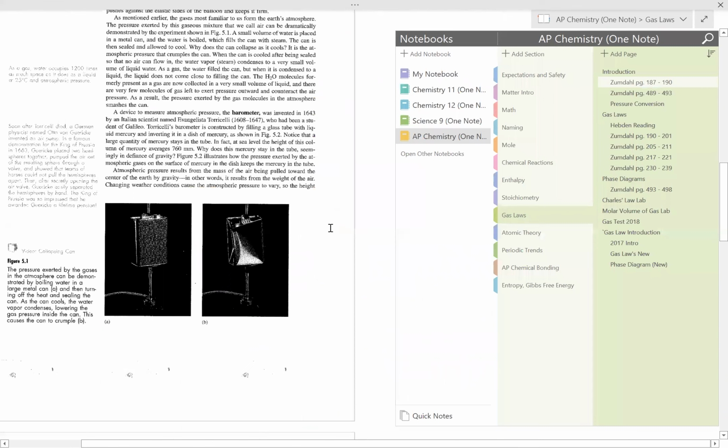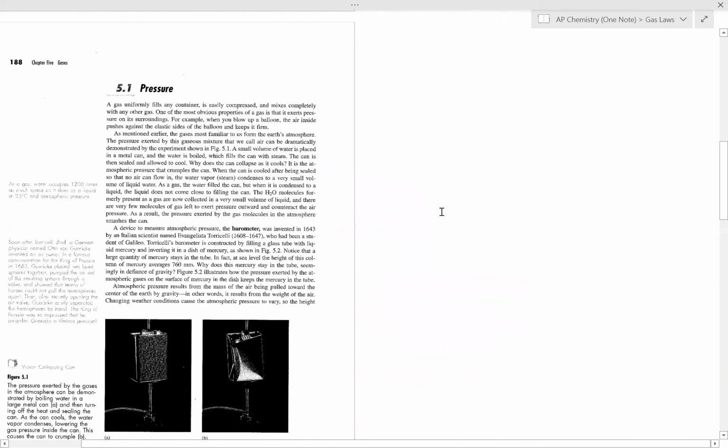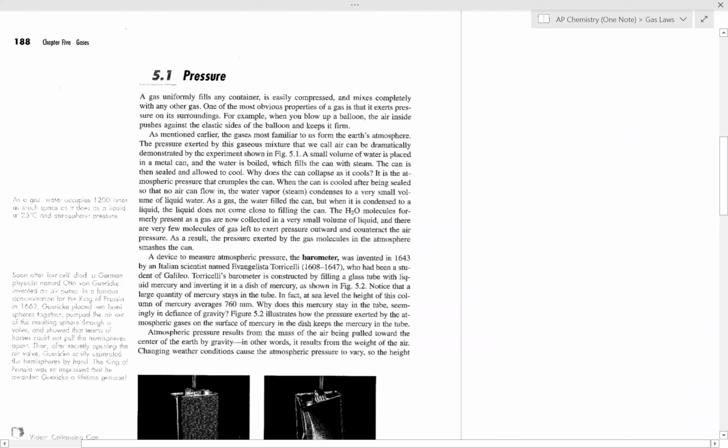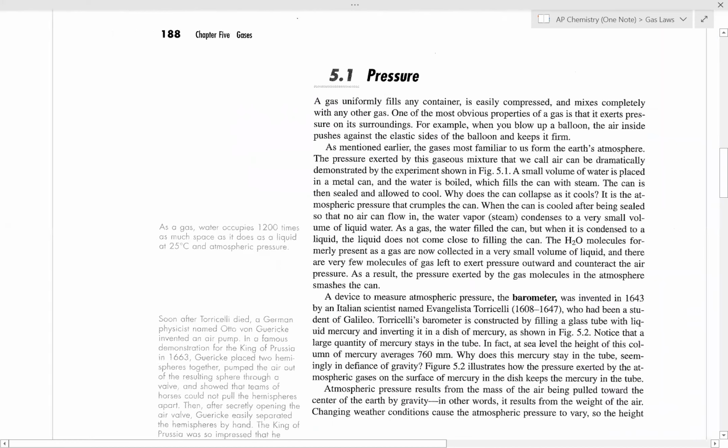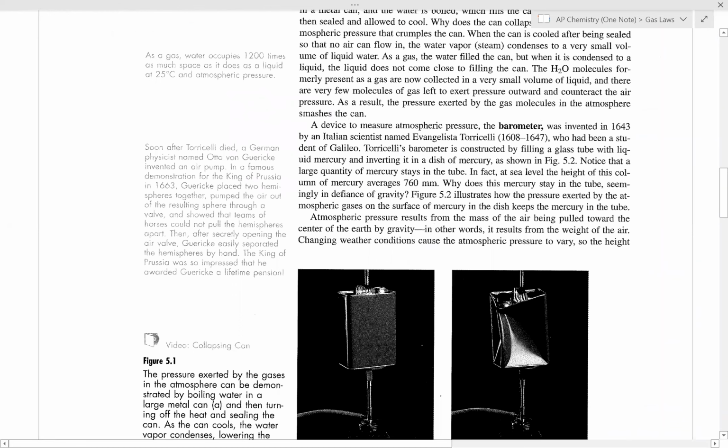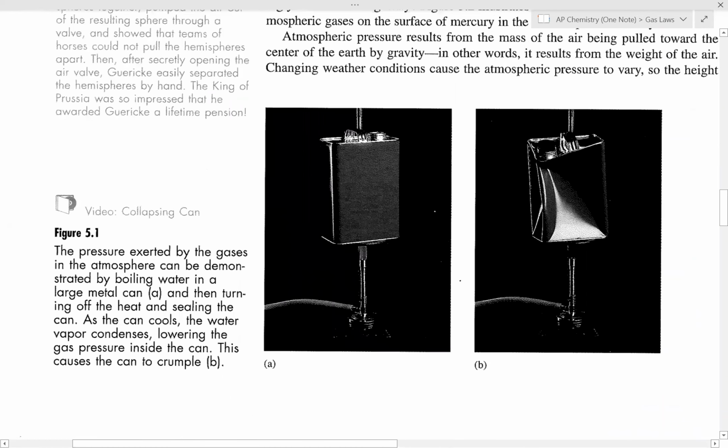pages in your textbook. So if you turn to page 188 in your textbook, they give an explanation of what pressure is, and they give you the background in terms of the barometer. Now, one of the things I wanted you to be aware of is if you take a look at this picture down here in regards to A and B, and if you read to the side, it gives the explanation of why a can, when it is cooled in a sealed vessel, gets crushed.